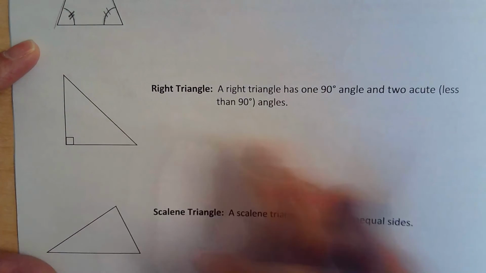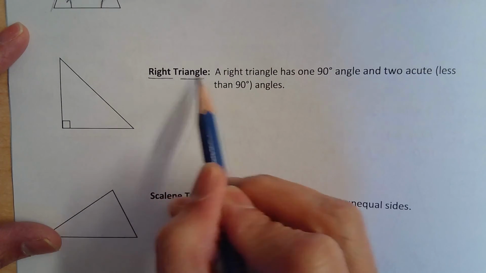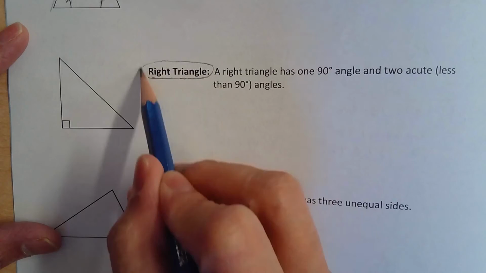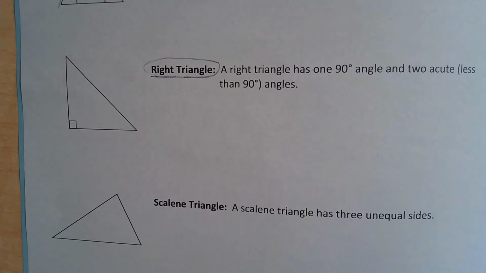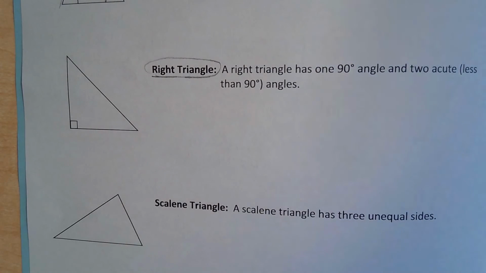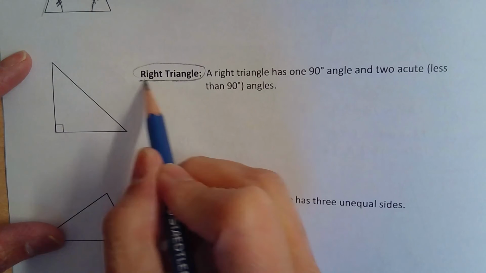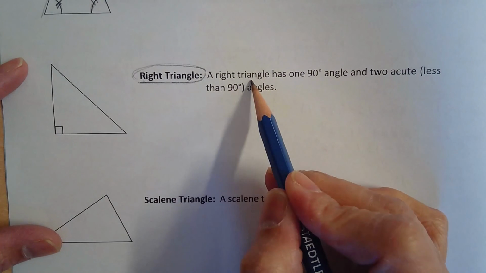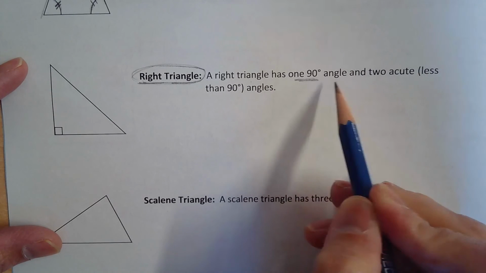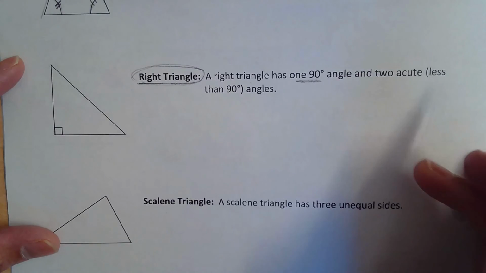Let's take a look at the right triangle. We're going to spend a lot of time talking about the right triangle. We're on page 2. So it says a right triangle has one 90-degree angle and two acute angles.